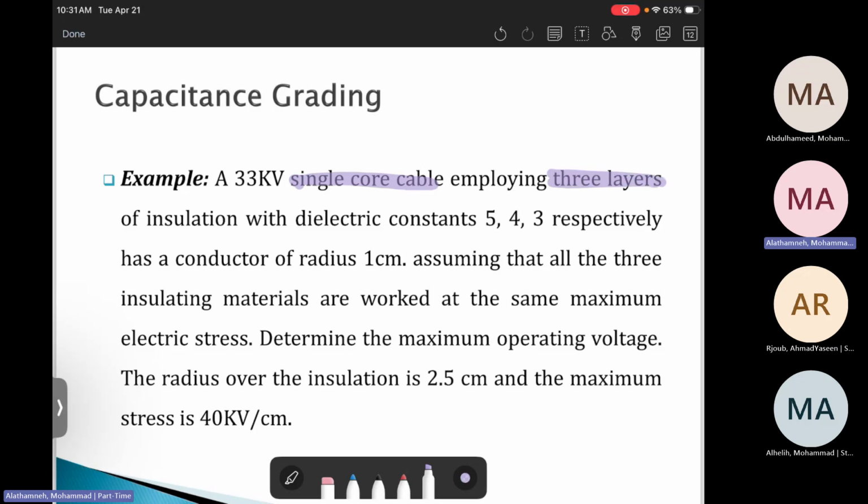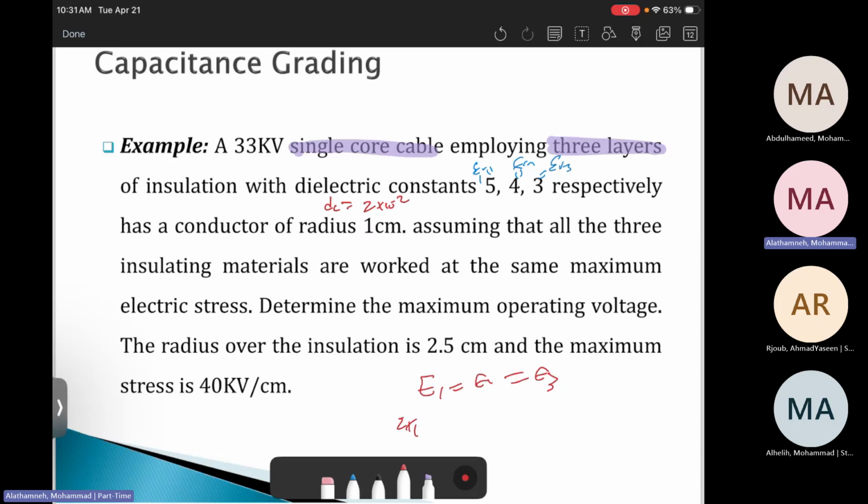So we can apply the previous formula with the insulation constants epsilon r1 equals 5, epsilon r2 equals 4, epsilon r3 equals 3. The diameter of the conductor will be 2 times the radius, which is 2 times 10 power negative 2, 2 centimeters. Assuming all 3 insulating materials are working at the same maximum stress, which means E1 equals E2 equals E3, this yields epsilon r1 times D conductor equals epsilon r2 times D1 equals epsilon r3 times D3.